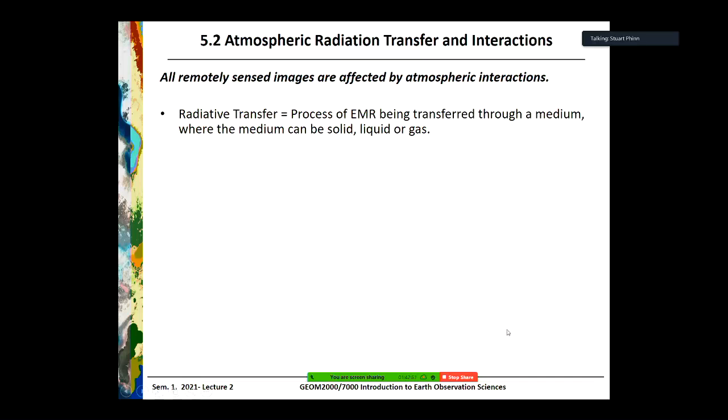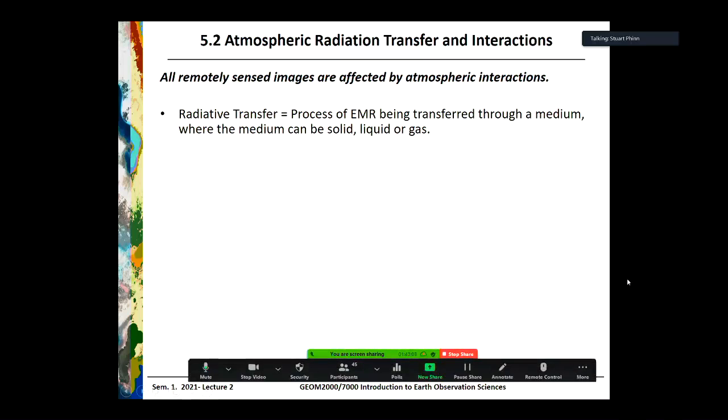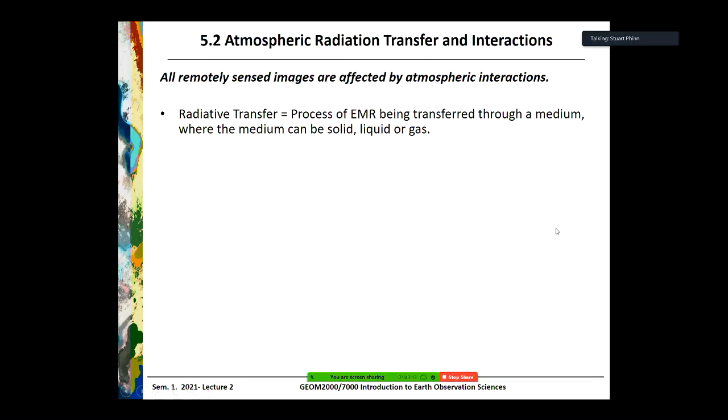Okay, atmospheric interactions, looking at those. It's basically electromagnetic energy, in the case of atmosphere, going through a gas, but it's going to interact with certain other features which are in that gas, which could be liquids, whether it's water vapor or water itself.